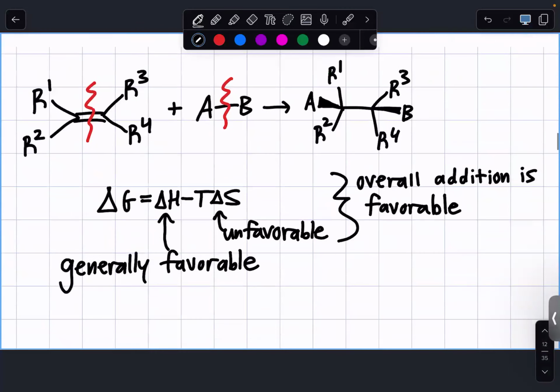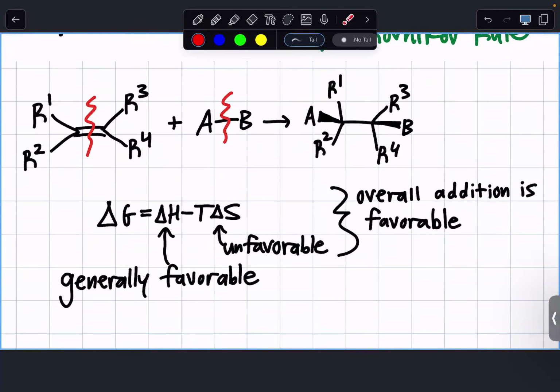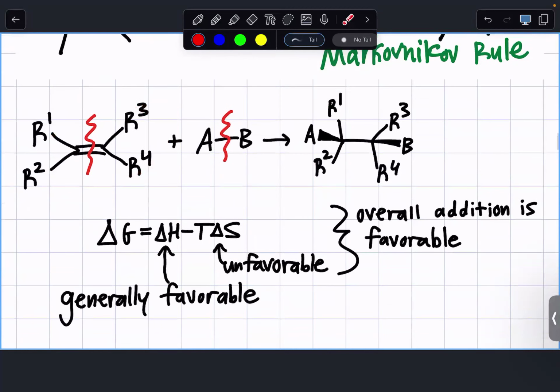Okay. These are Pascal's notes right here, where he said that A is the electrophile or nucleophile, and B is like the other thing. Just like one carbon of the alkene gets a bond with A, the other carbon of the alkene gets a bond to B. Okay.